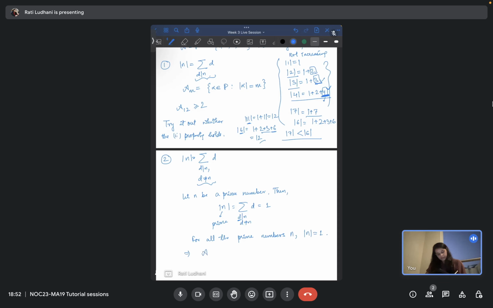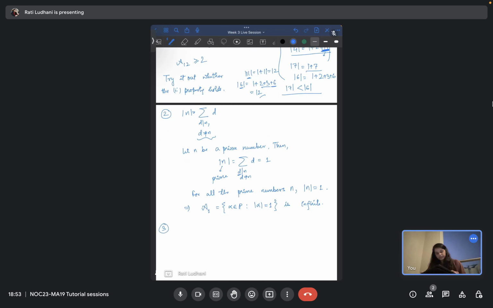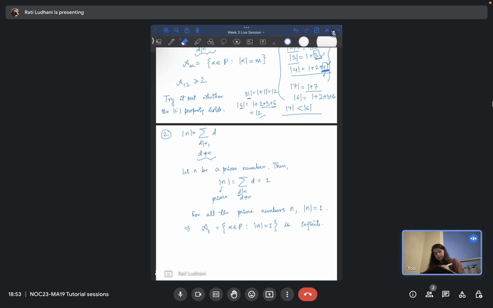This implies A_m is equal to the set of all alpha belonging to P such that the cardinality of alpha is equal to 1. Let's take just 1. This is not finite: there are many numbers which have size 1, it is infinite. Okay, let's see what about the third part. So this is not a combinatorial class.